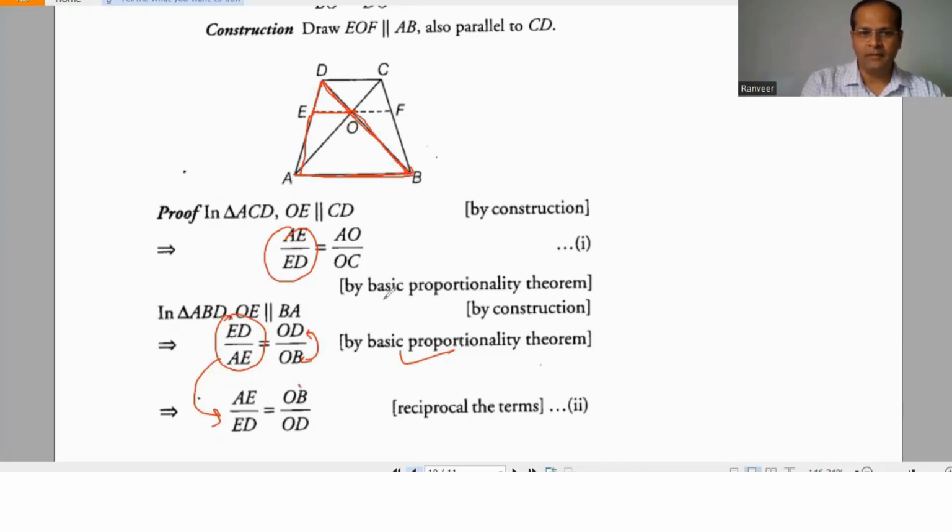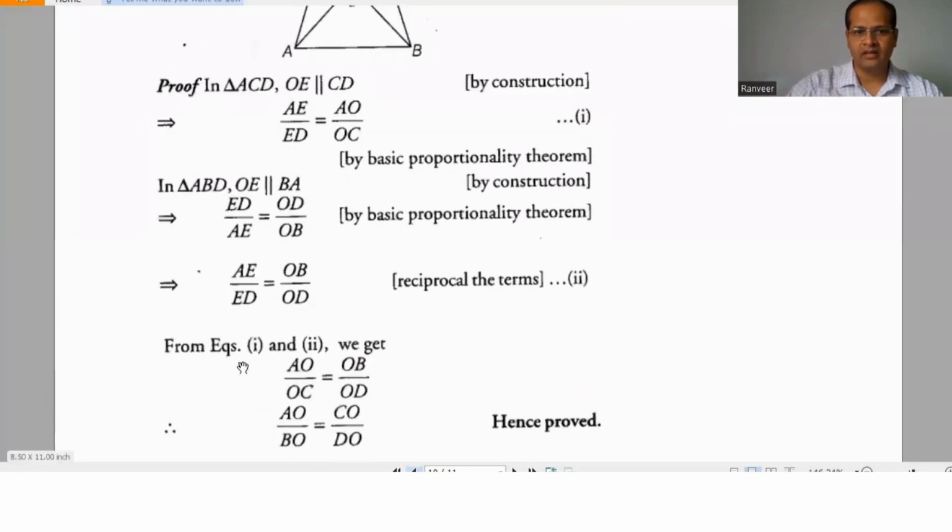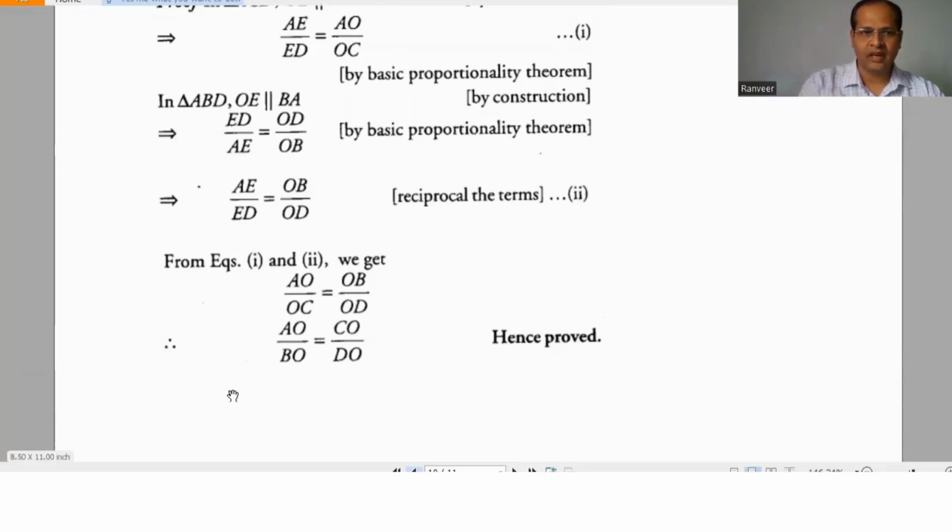So from the first and second, OA by OC equals OB by OD. So we can write what we have to prove: OA by BO equals CO by DO.